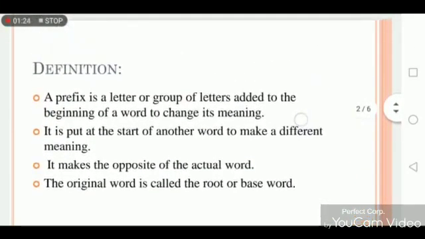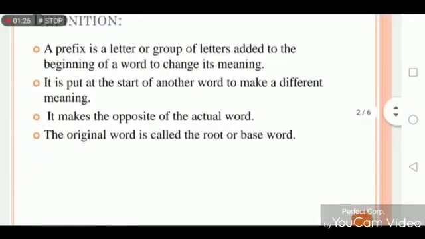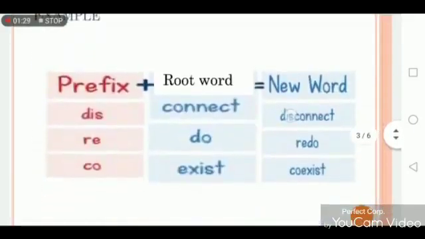Point number 4: the original word is called the root or base word. Here we have the root word, which is the original word. And here we have connect, do, exist. Connect, do, exist are the original words.